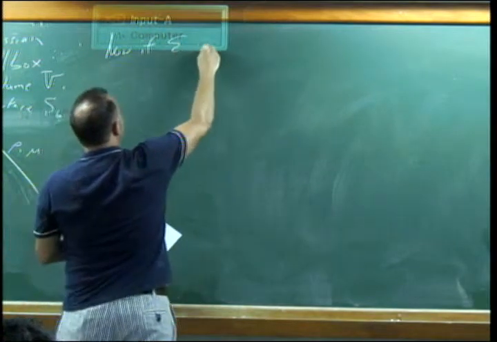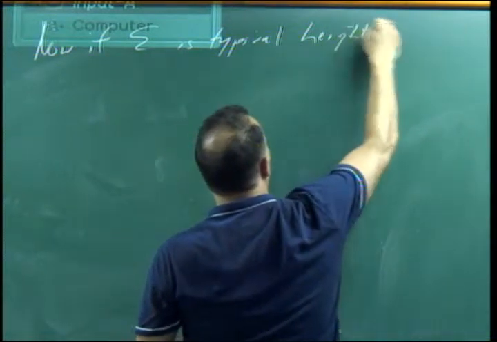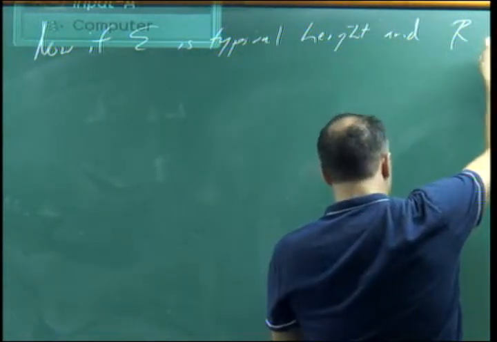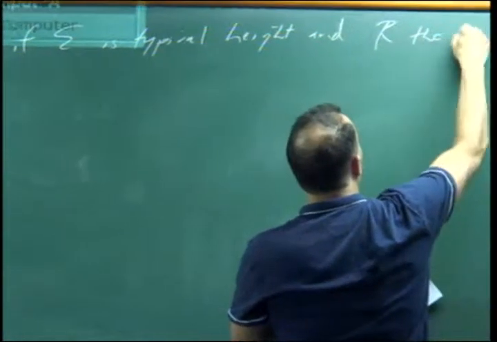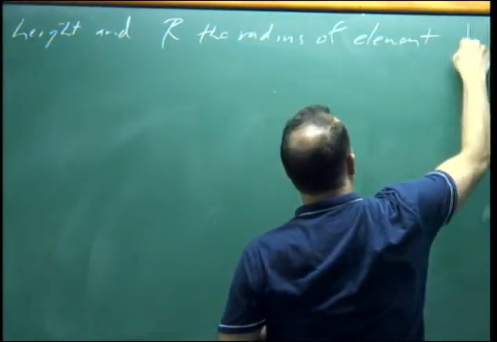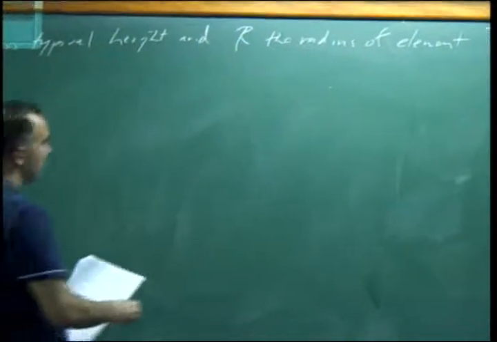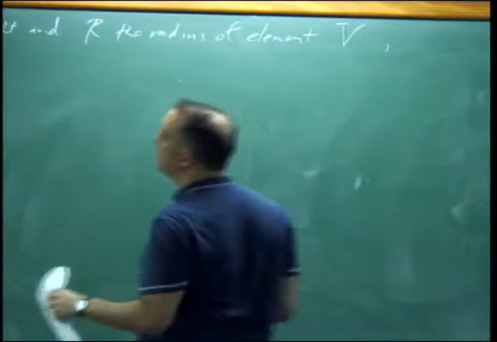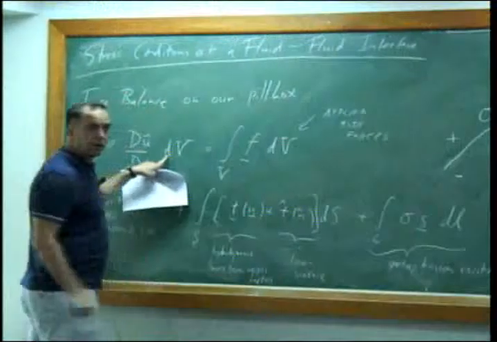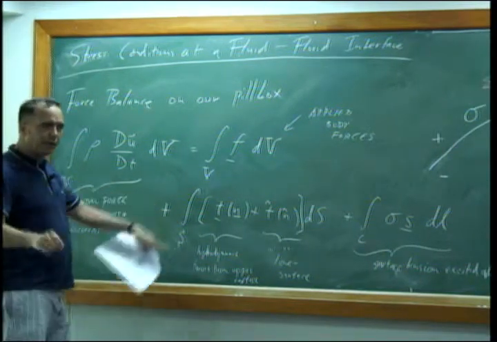So epsilon is the typical height, and r the radius of this element V. These ones are volume integrals, so they are going to scale like r squared epsilon, whereas the other ones are acting over the surface, so they are going to go as r squared.